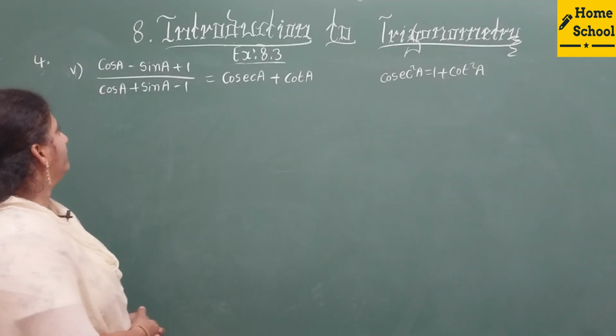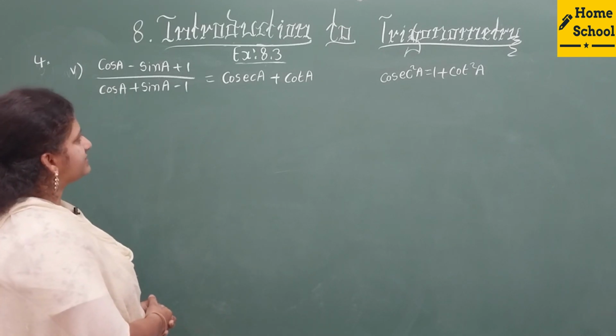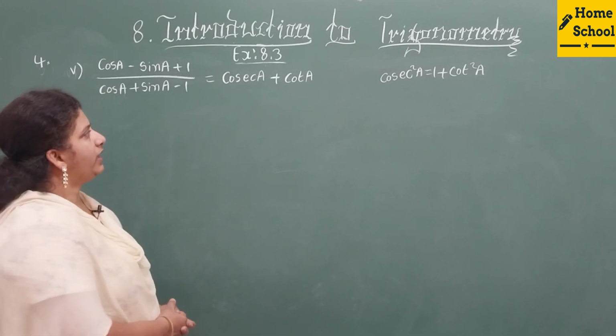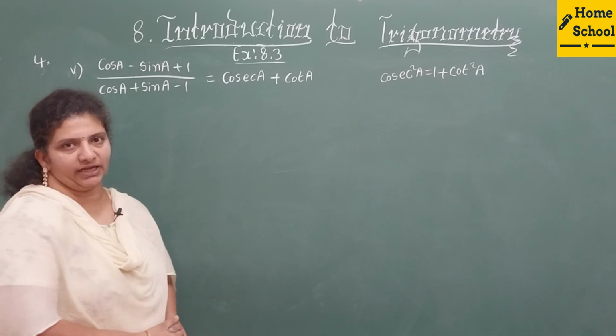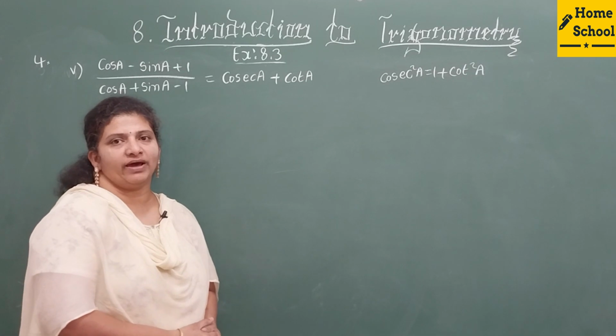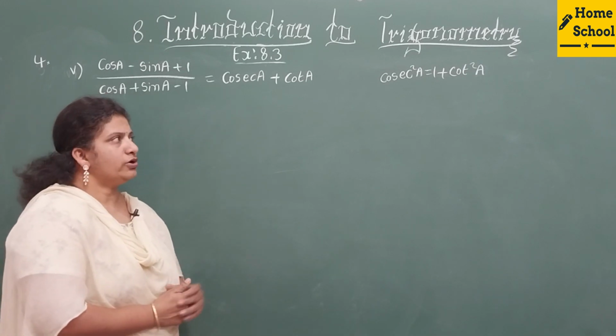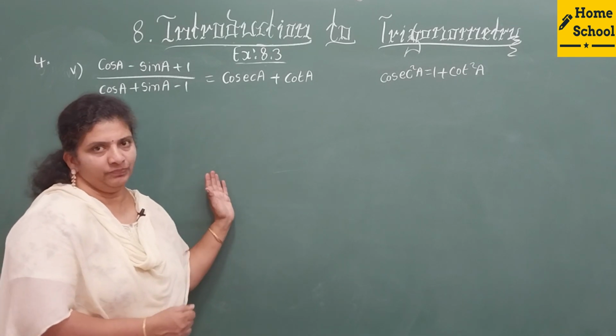Fourth problem, cos A minus sin A plus 1 by cos A plus sin A minus 1 equal to cosecant A plus cot A. Using identity, cosecant square A is equal to 1 plus cot square A. Prove this problem. So using that identity we need to prove.